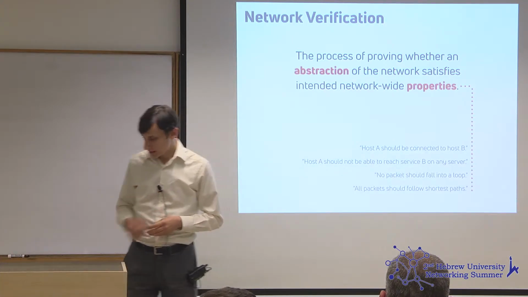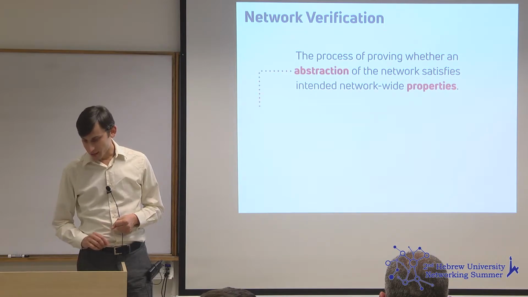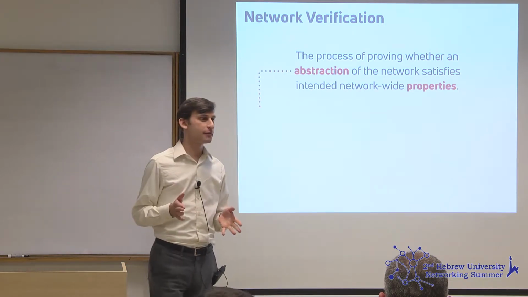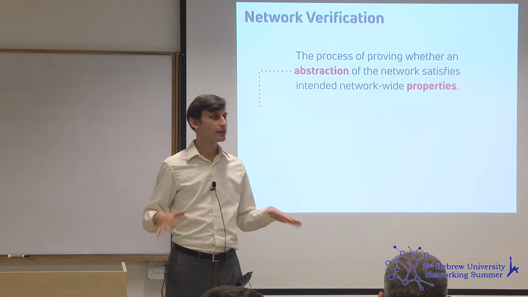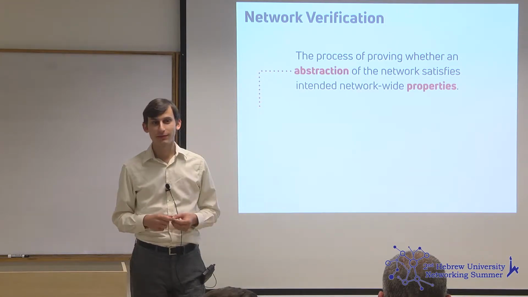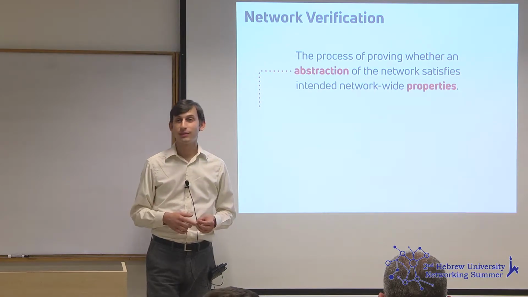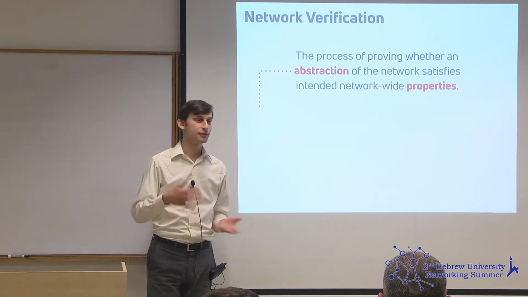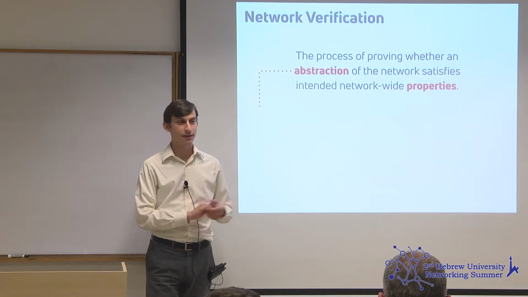Okay? Now, the abstraction. Whenever we verify something, we need to be verifying a precisely defined model of it. If we're talking about software verification, we have source code, and the source code is intended to be compiled in some language that has a spec.